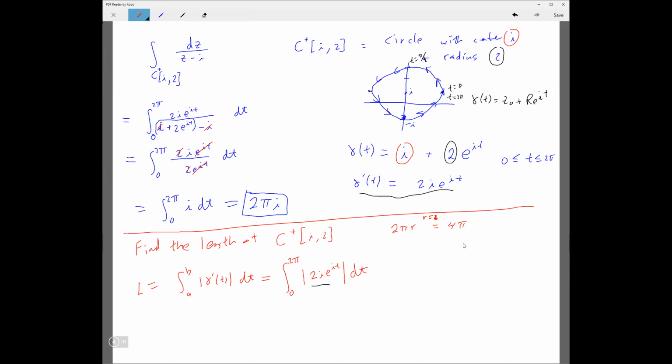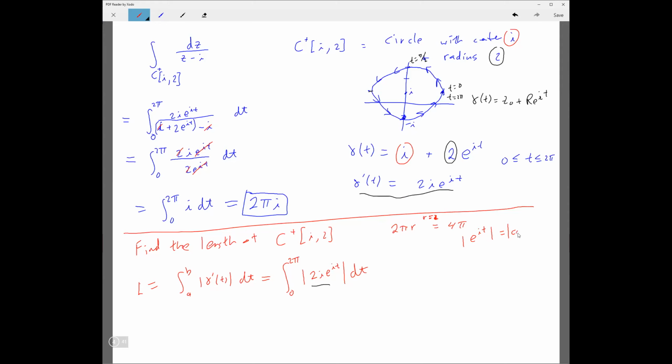Do you guys remember what the modulus of e^(it) is?